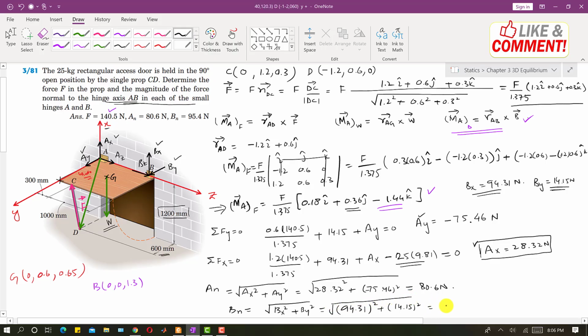So this will give us 95.4 newtons. Now this is the complete solution of this problem. This is the magnitude of the normal reaction at A, and this is the magnitude of the normal reaction at B, and the force F has a magnitude of 140.5 newtons.